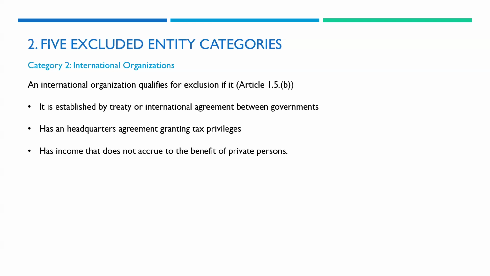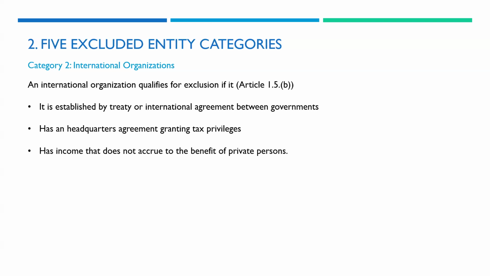We have the UN, which is a treaty. We have the OECD as well, or the European Union, etc. So if it's an international organization established by a treaty or international agreement between governments, and it has a headquarters agreement granting tax privileges, and has income that does not accrue to the benefit of private persons.